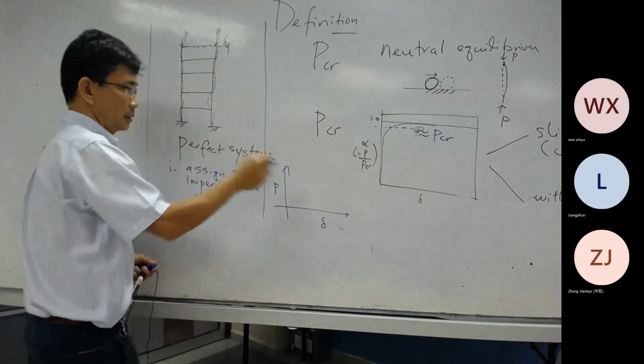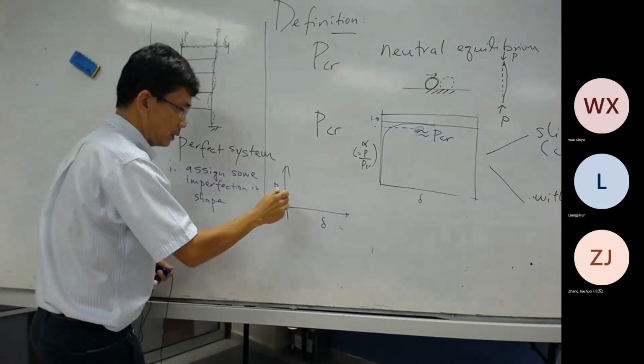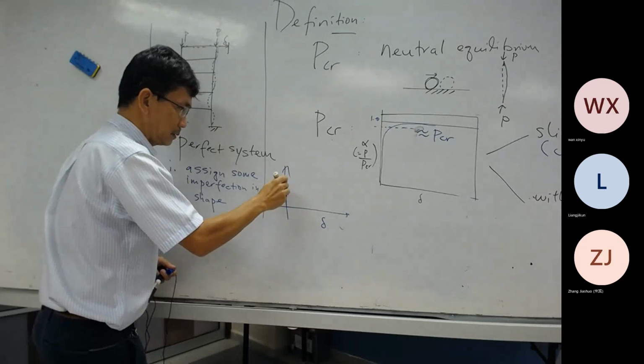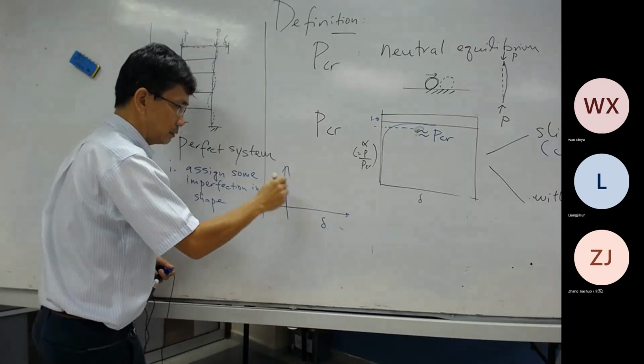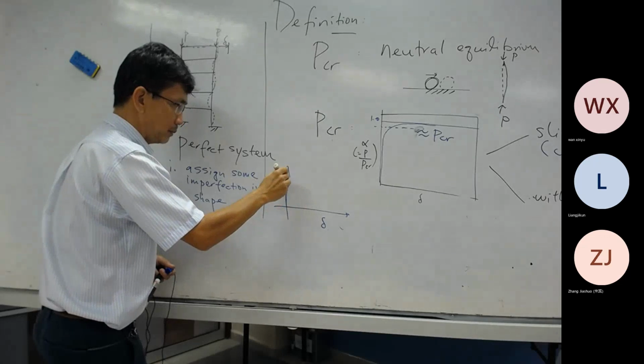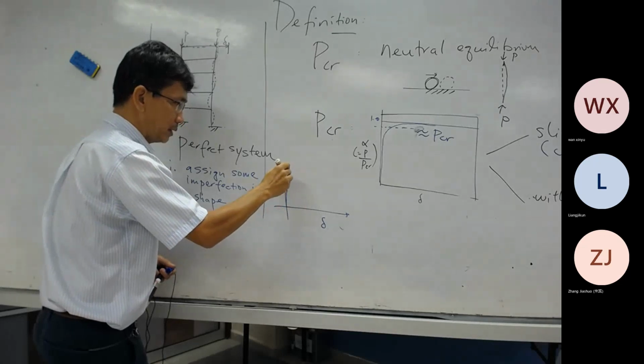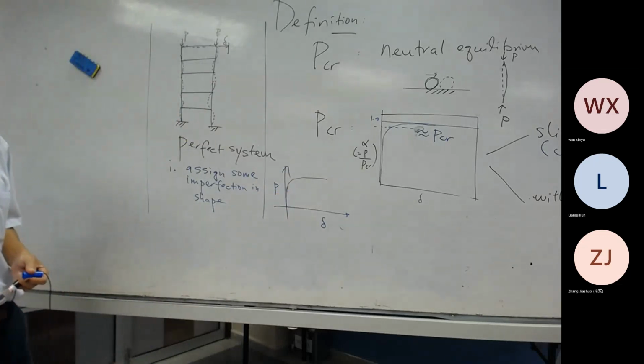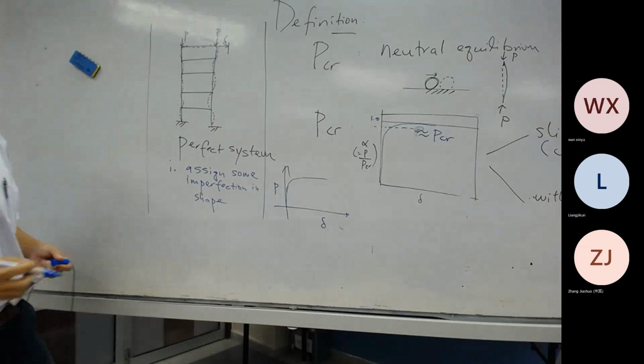Then according to this behavior, when the load is very small, when you do analysis, you get delta increase, but very small. But at a certain range, you get delta very large. You're going to get delta very large here.